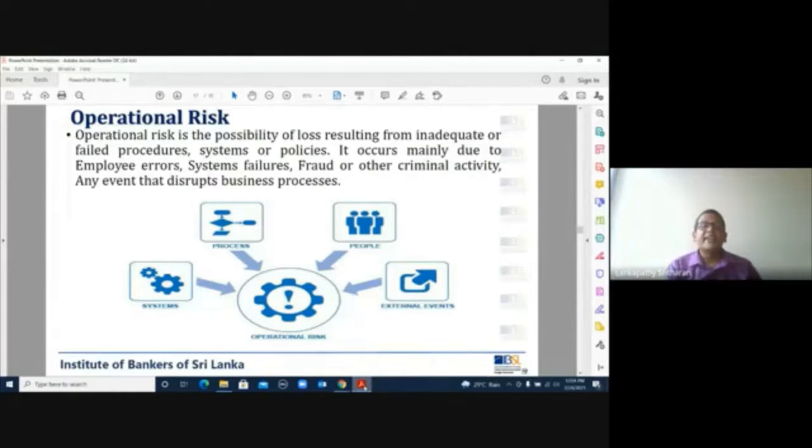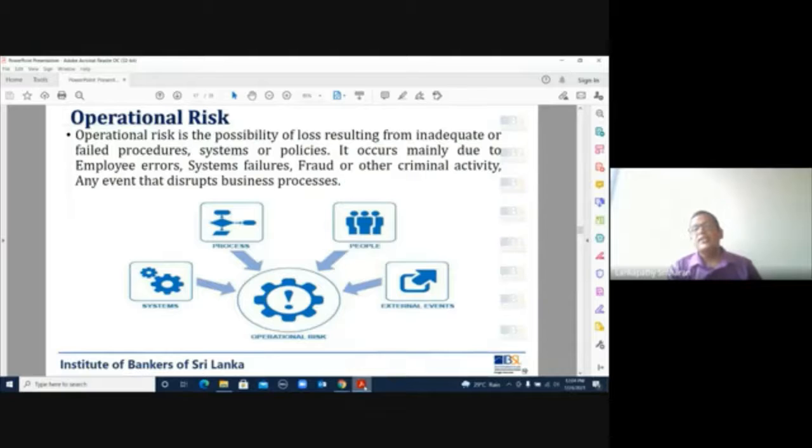Operational risk could be created through 4 reasons. One is system, another is process, another is people, and another is external event. All these 4 reasons may create an operational risk to the particular bank or finance institution. That's what I mentioned in the second sentence.